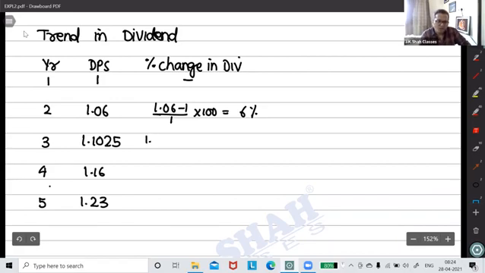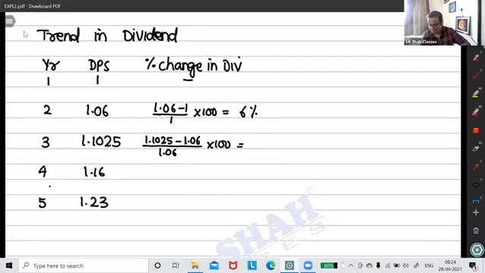Then (1.1025 minus 1.06) divided by 1.06 gives 4.01%, rounded to 2 digits.